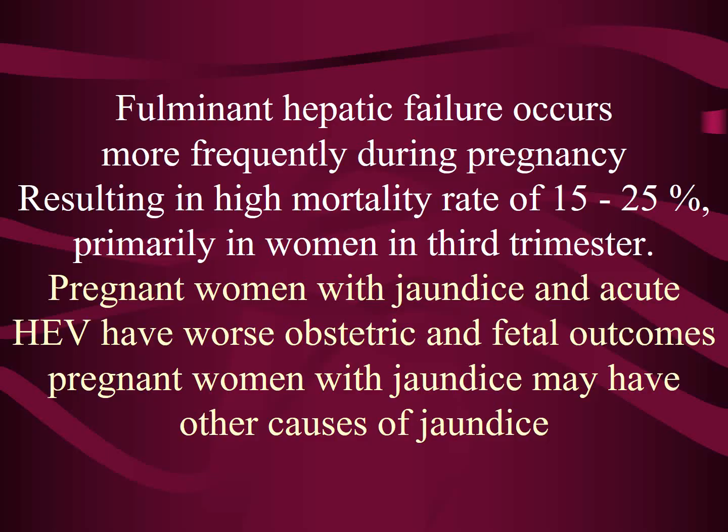Therefore, fulminant hepatic failure occurs more during pregnancy, resulting in a high mortality rate of 15 to 25%, primarily in women in the third trimester. Please, any pregnant woman, take care of the source of infection.